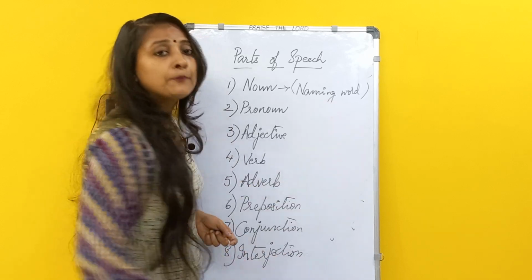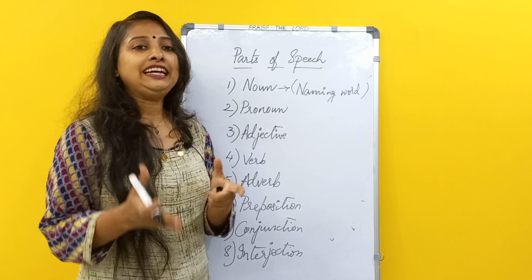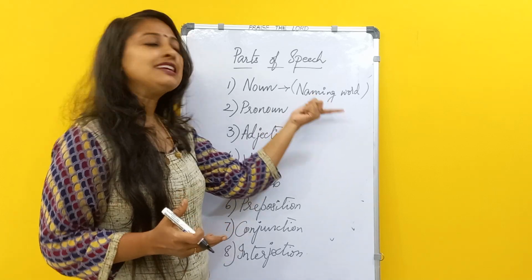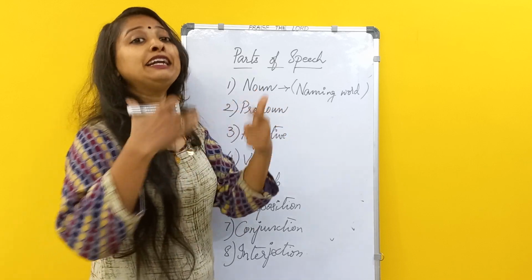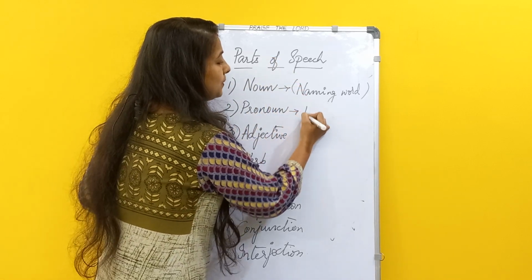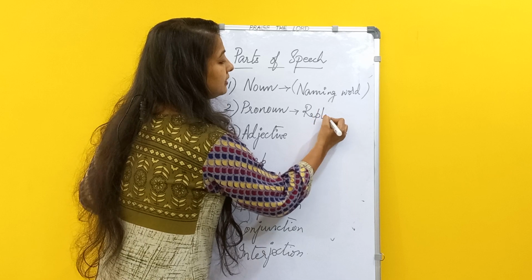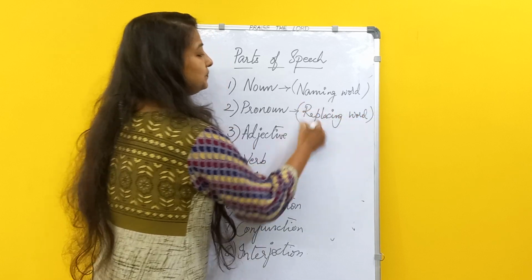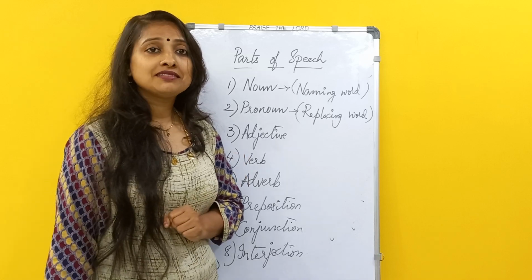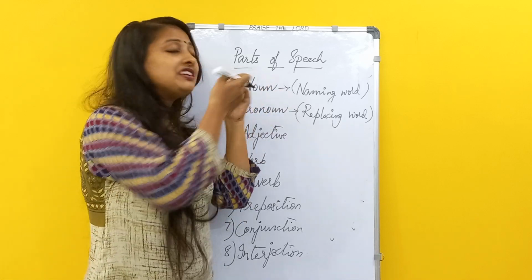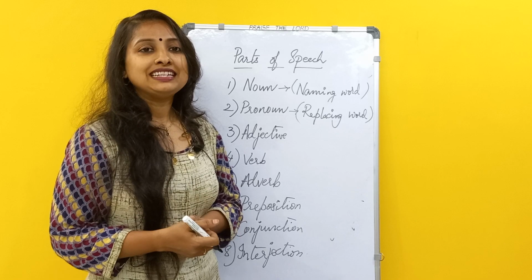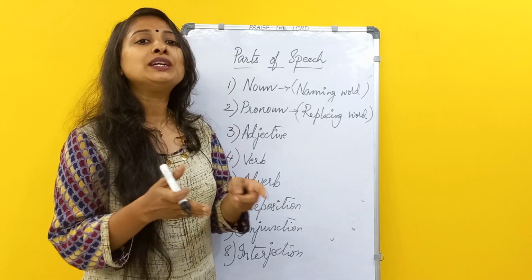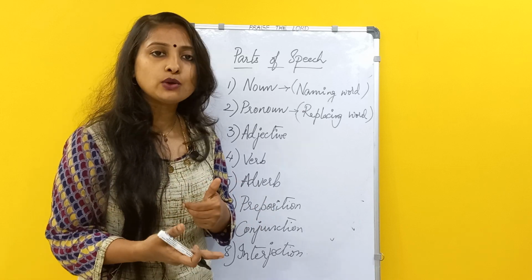What is a pronoun? Here I have told the noun is a naming word, isn't it? We call a pronoun a replacing word. What does it replace? It will replace the noun, the words used in place of nouns.